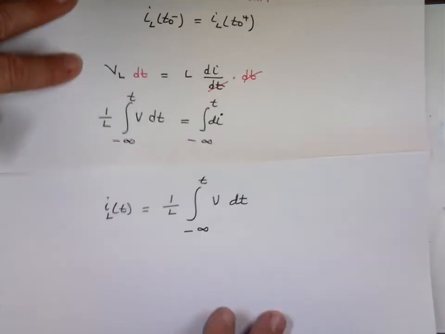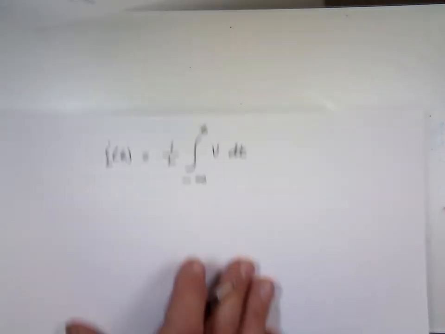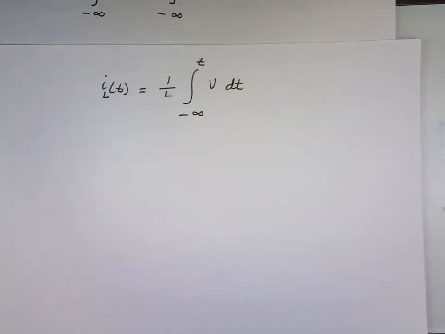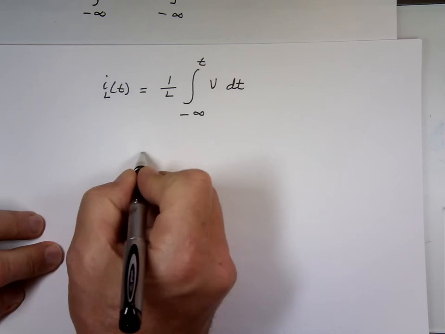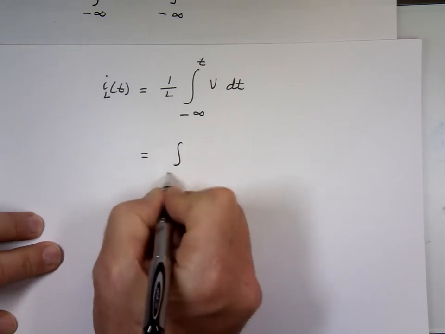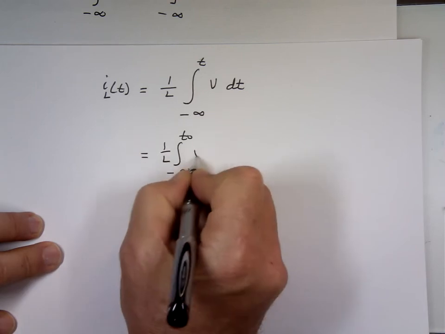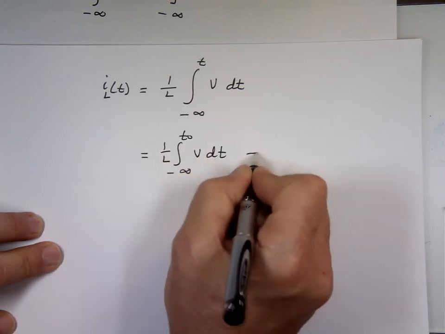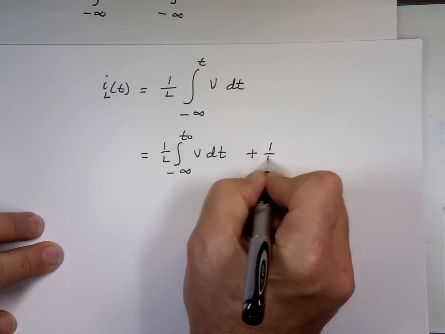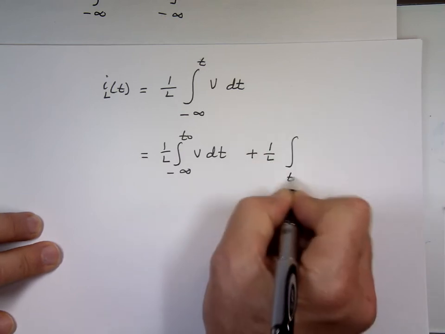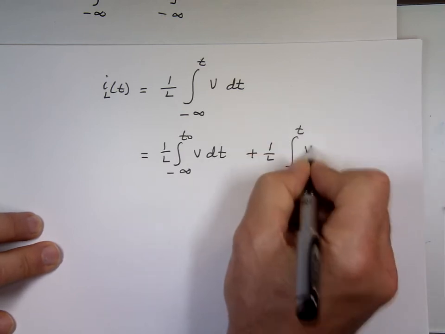And if you want to break it down, just the same thing we did with the capacitor, I can break it down to two integrals. One from negative infinity to t0, with 1 over L in the front, plus 1 over L, the integral from t0 to t of v dt.